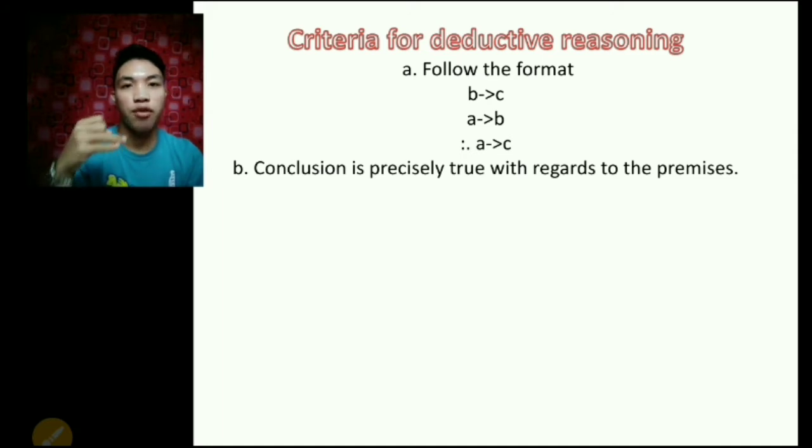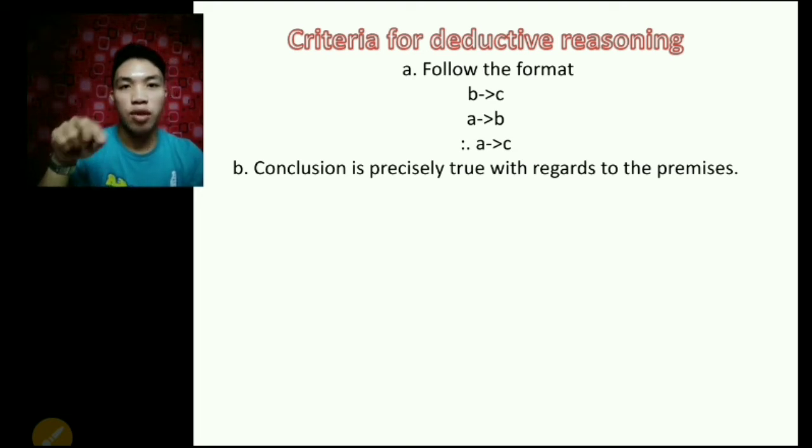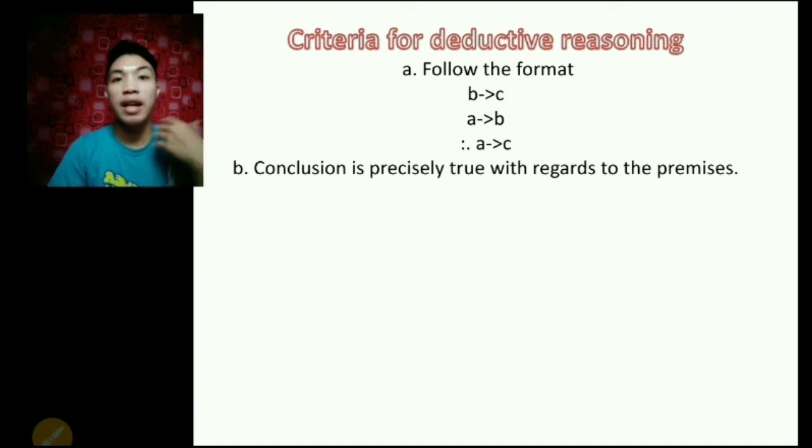The first criteria is the format that I have told you earlier: B implies C and A implies B, while the conclusion should consist of A implies C. The next criteria is that the conclusion is precisely true with regards to the premises. So it means that the conclusion is exactly true, basing on the premises that we have.